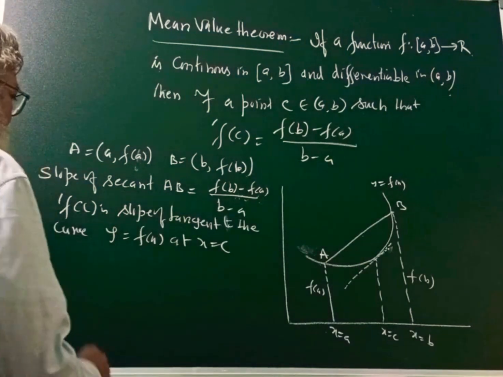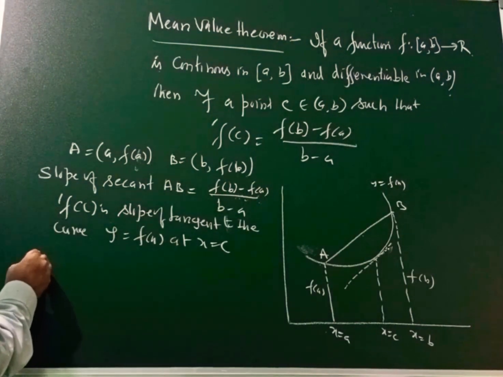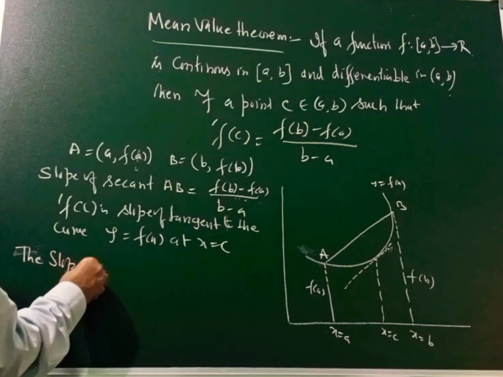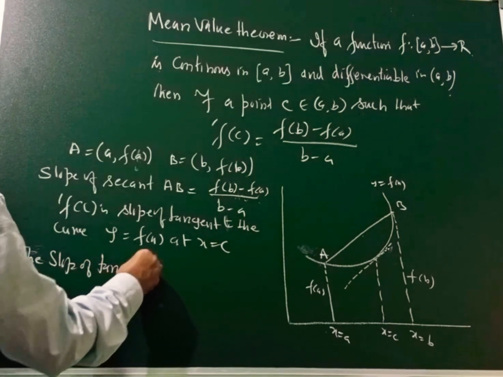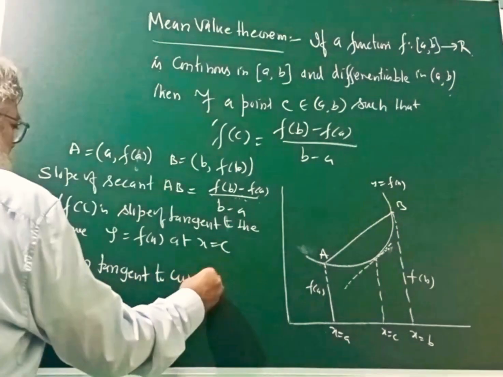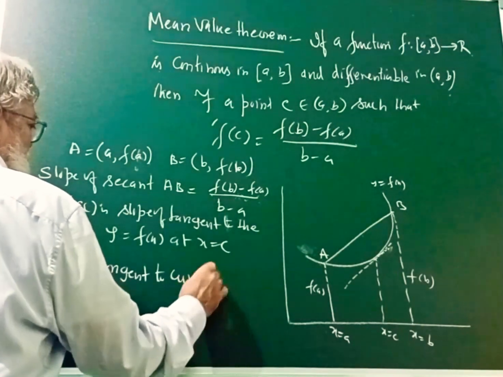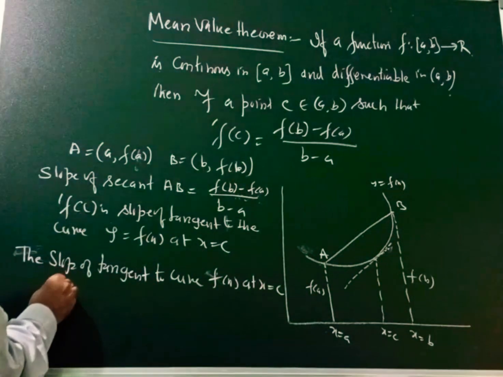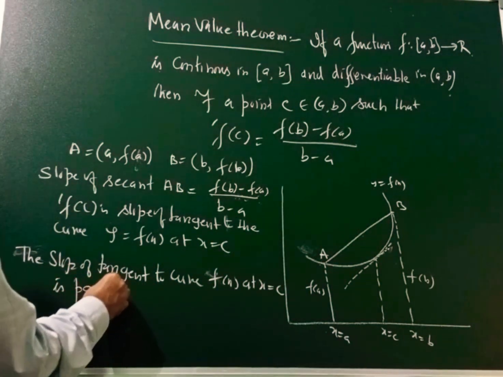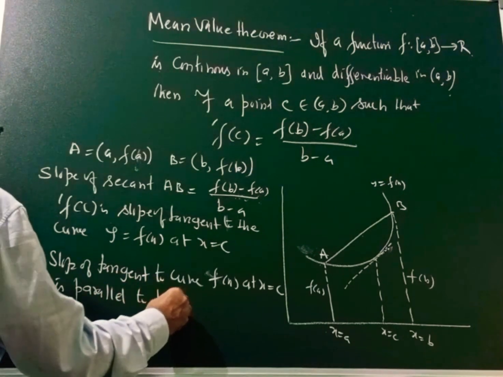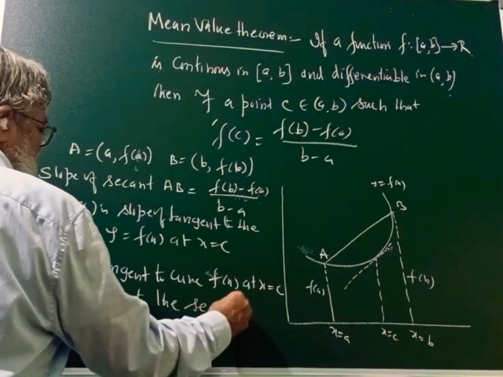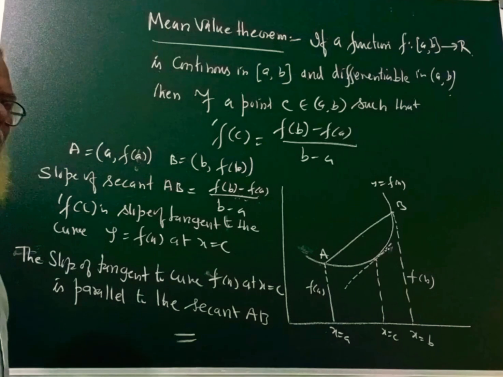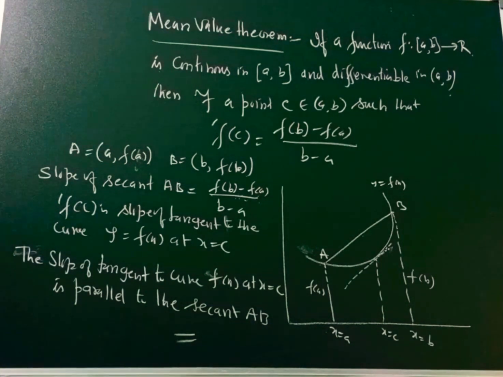Therefore, we can say that the slope of the tangent to the curve f(x) at x is equal to C is parallel to the secant AB joining 2 points of the curve. So that gives the geometrical interpretation of the mean value theorem.